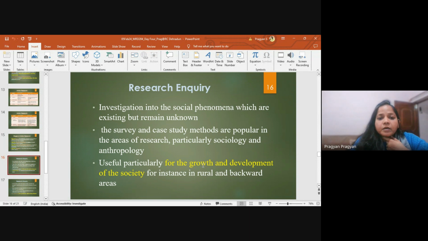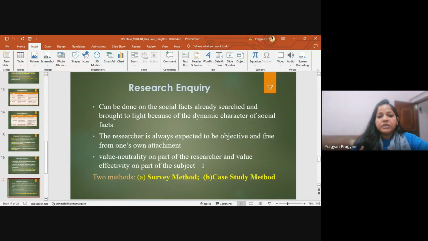Basically, research inquiry is giving you a very basic, intensive, and extensive understanding for a particular population, for a particular community, so that you can plan, improve, and enhance your development strategies gradually. Now, let's make it more specific.